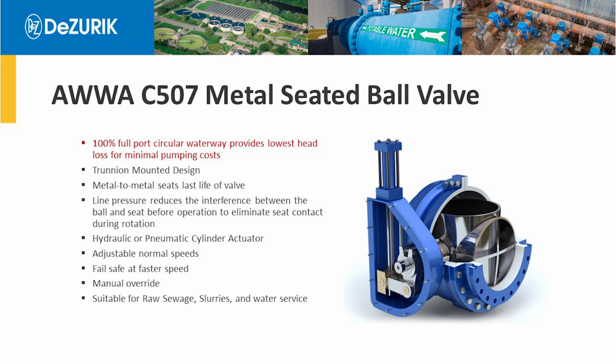So this type of C507 ball valve would be a great selection for a finished water pump station that runs 24/7. But you wouldn't want to use this in a storm water pump station that runs once every 50 years for your 50-year rain event for 10 or 12 hours. It just doesn't make sense to spend the money if you're not having a sufficient amount of runtime.